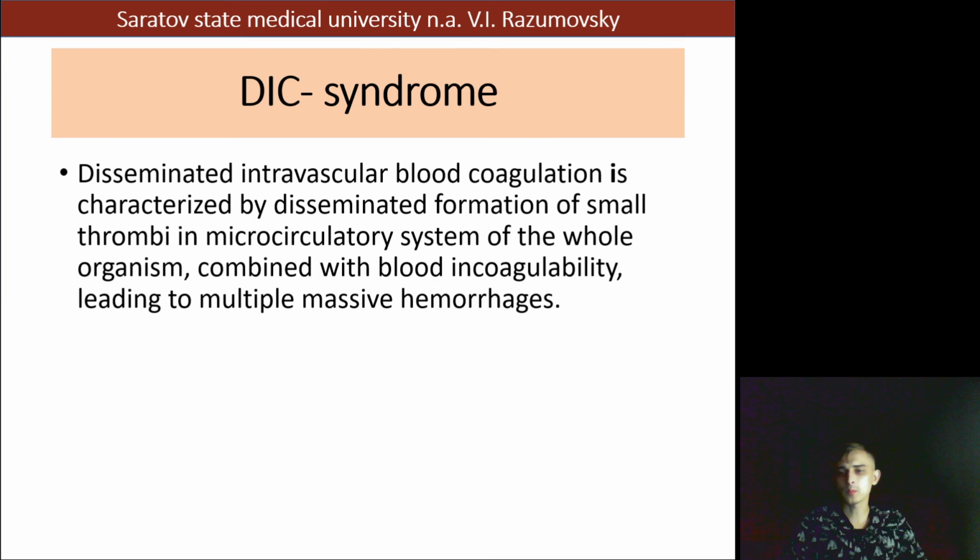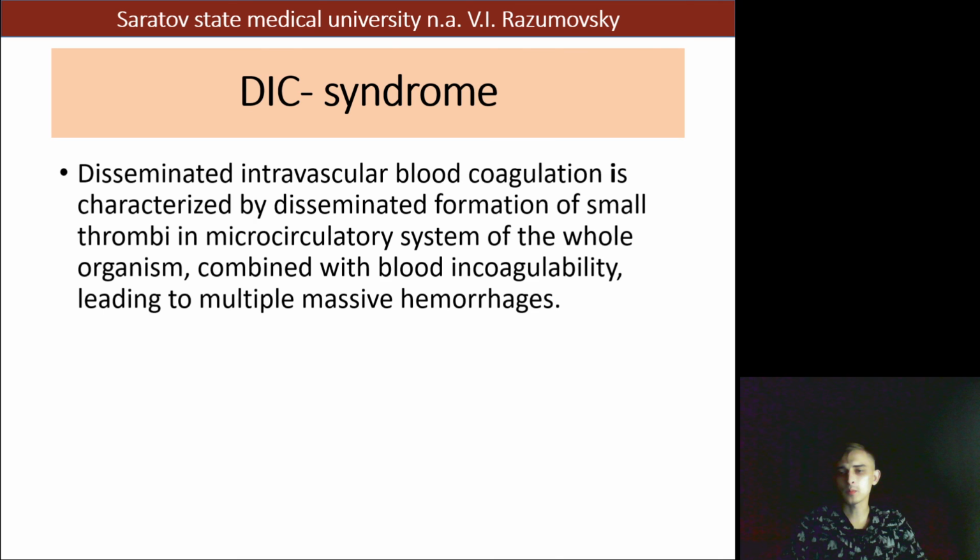This is a very dangerous condition for the patient, and most often it leads to death of the patient. It may be associated with infectious disease, neonatal or intrauterine infection, gynecological disorders, liver diseases, malignant tumors, small vessel vasculitis, major trauma, intravascular hemorrhages, and other conditions.